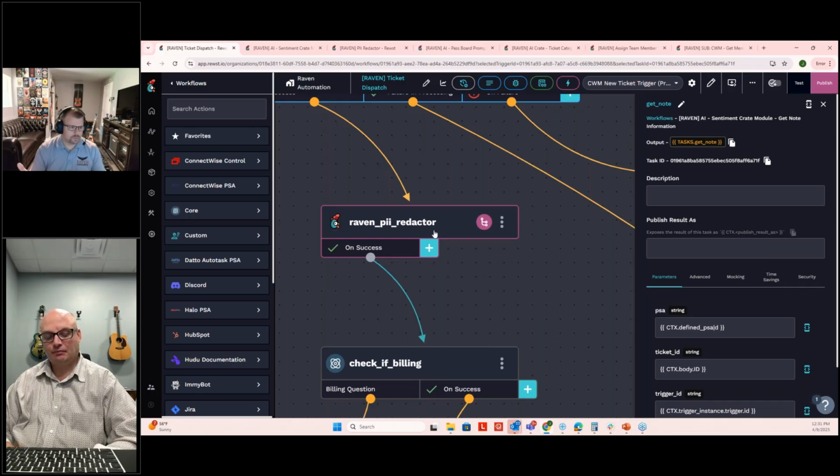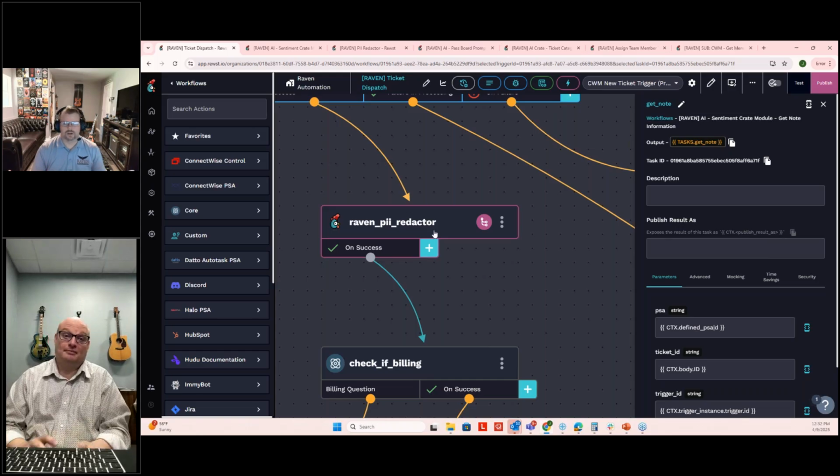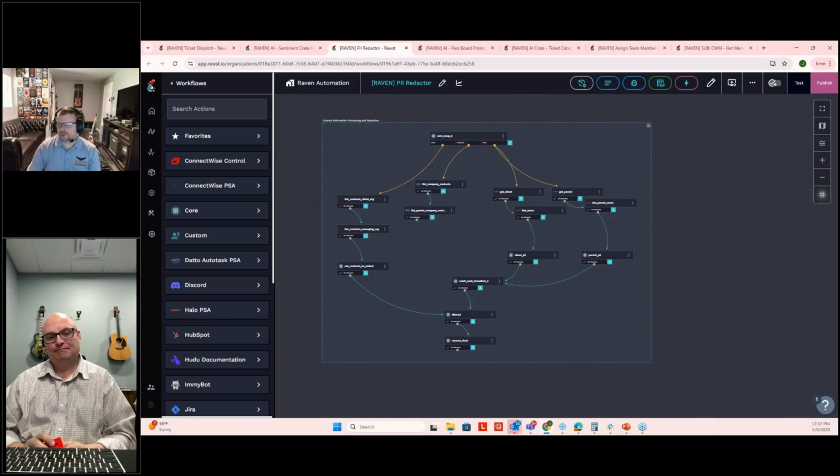I don't trust that personally, but that's what Microsoft tells us. So we'll give them the benefit of the doubt. But what if you're not using that and you're using the public OpenAI? Do we want to pass email addresses and contact information and things like that? Not at all. Right. So our team created a PII redactor.